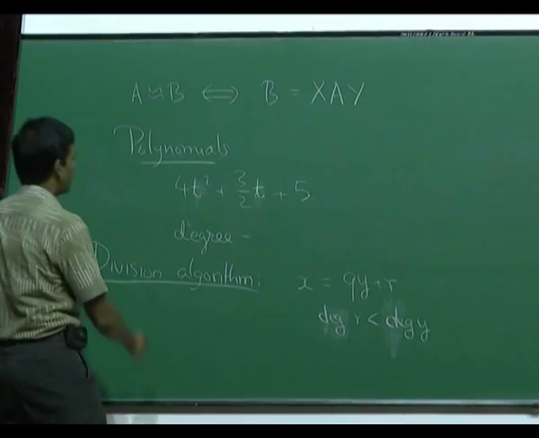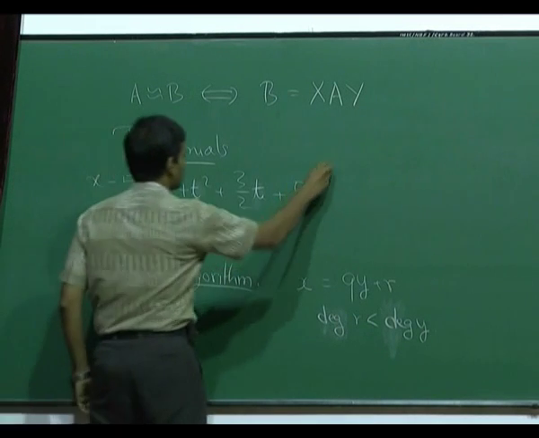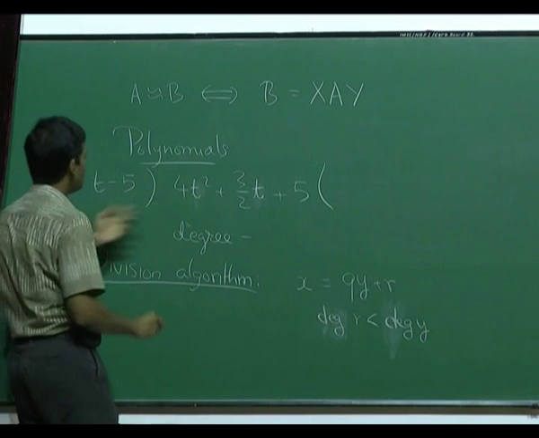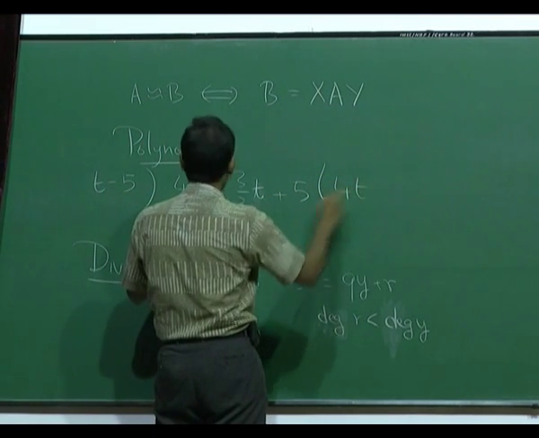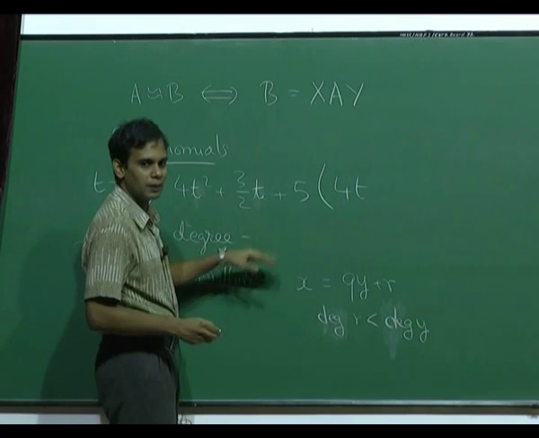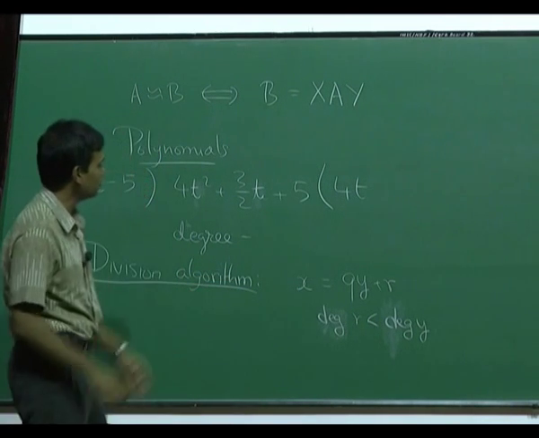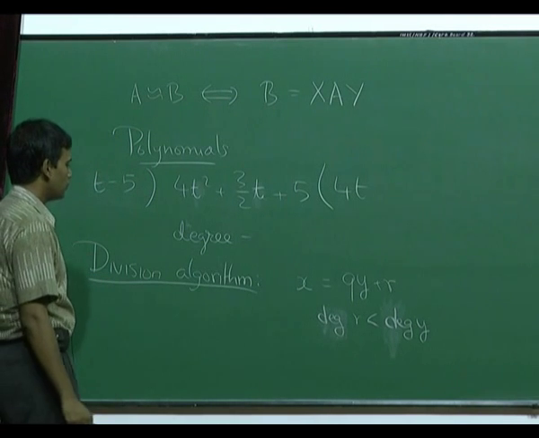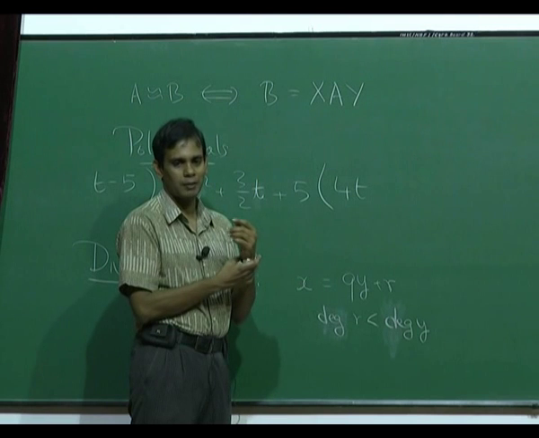Suppose I want to divide this by t minus 5, then I can see how many times t minus 5 goes into this. It goes in 4t times, and then I get 4t squared minus 5t, and then I subtract, and you know this, right? It's just the same way that we do division for integers, we can do division for polynomials. The only thing is that degree plays the role of absolute value.